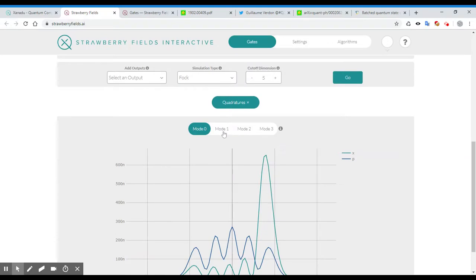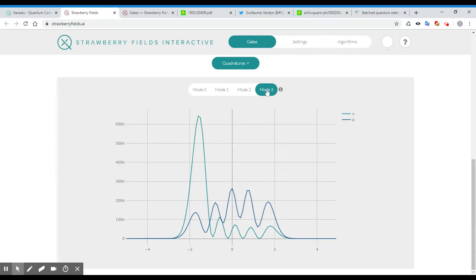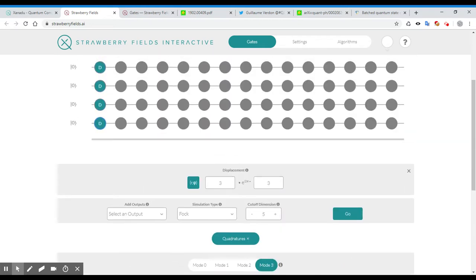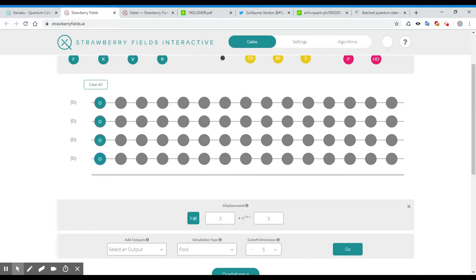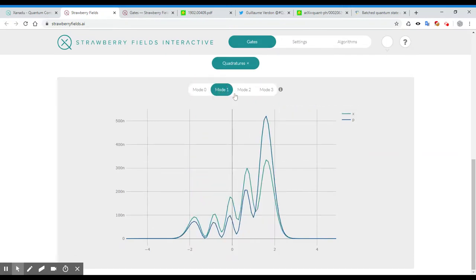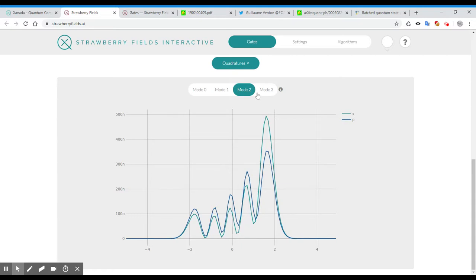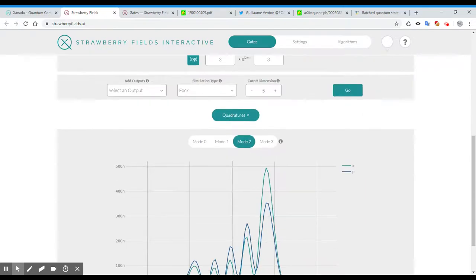So what have we got now? Seems like there's a bit of a cycle here, because now both position and momentum are looking pretty similar.